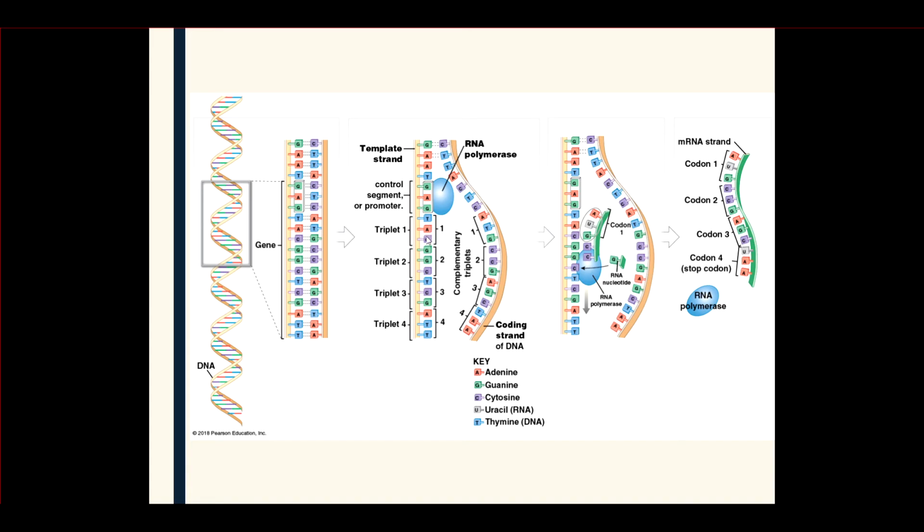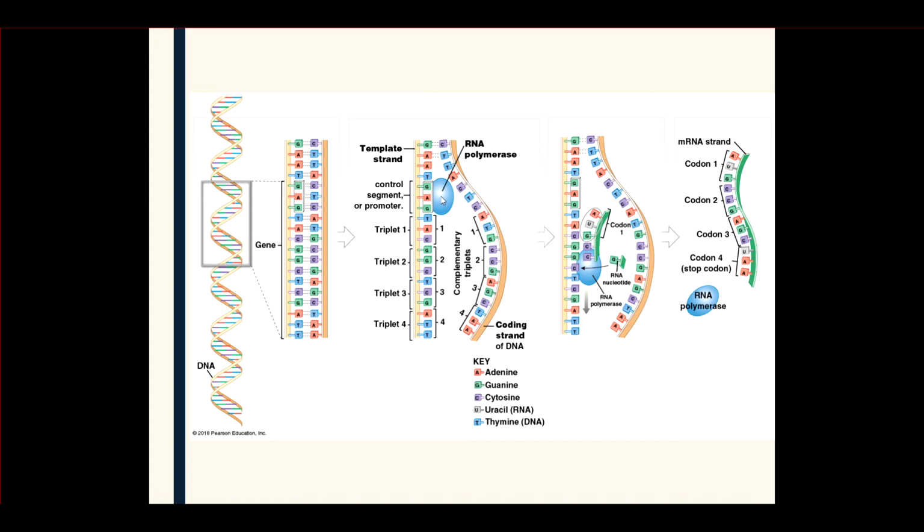So TAC is the triplet for one amino acid. GGC is the triplet for another amino acid. So as far as the blueprint, each triplet is telling the protein what amino acid is going to be in sequence. This will be the first amino acid, whatever it's going to be, the second amino acid, when we make our polypeptide chain at the ribosome.